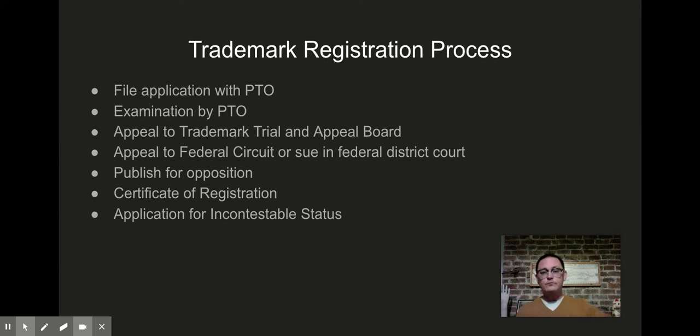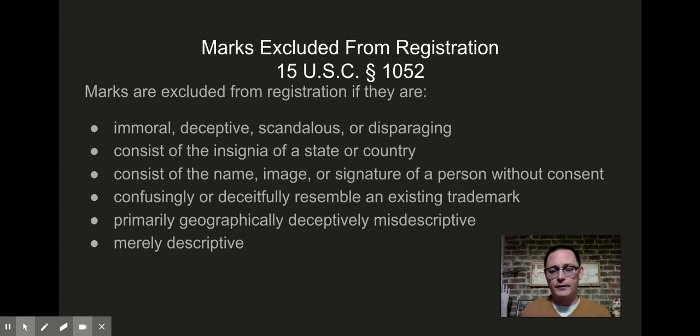Okay, once the publication has happened and there's been opposition, then the certificate of registration will issue, and ultimately, years later, the registrant will have the opportunity to apply for incontestable status. Now, statutorily, certain kinds of marks have historically been excluded from registration.